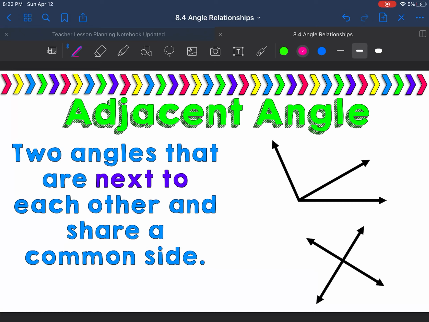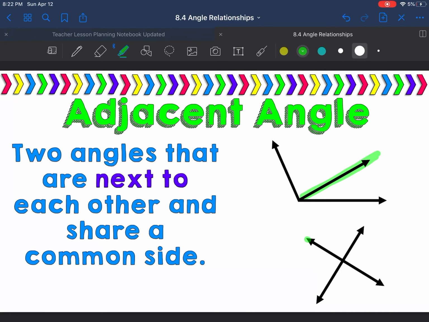Adjacent angles are two angles that are next to each other and they share a common side. So if I'm looking at this top angle right here, my adjacent angle is this angle I'm about to highlight in green. Both of these angles are going to be adjacent because of this side that I highlighted in green.